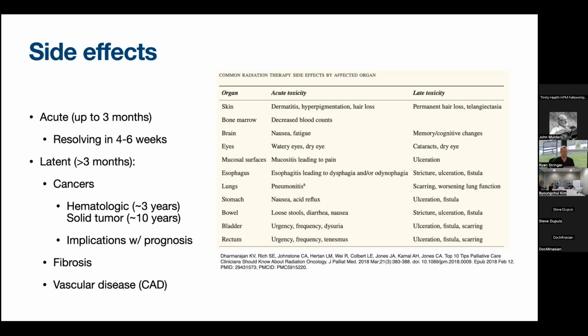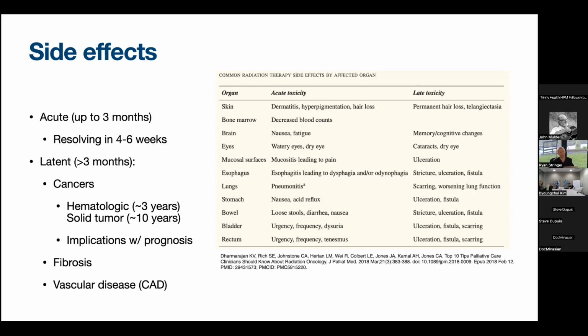Some of the latent side effects, we think about our cancers. So from a survivability standpoint, if cure is the intent or cure actually has been achieved, then what is radiation therapy doing as far as risk for development of additional cancers? So hematologic cancers, a lot of those radiologists who were basing dosing upon the sunburn effect on their own skin, a lot of them ended up with leukemia.